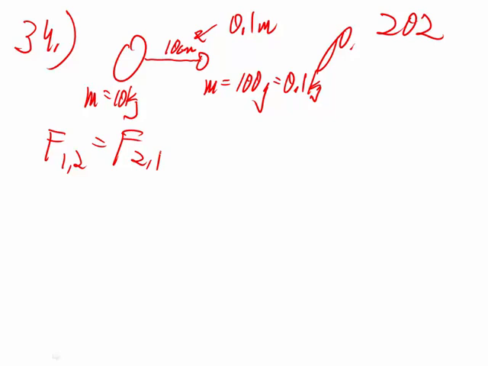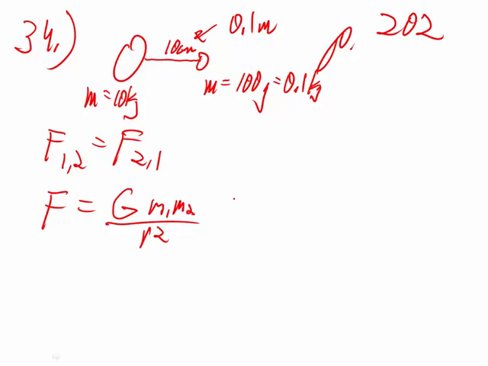All right. So then Newton's law of gravitation says that force is equal to G, that's Newton's gravitational constant, times the mass of 1 times the mass of 2 divided by the radius between the two objects squared.